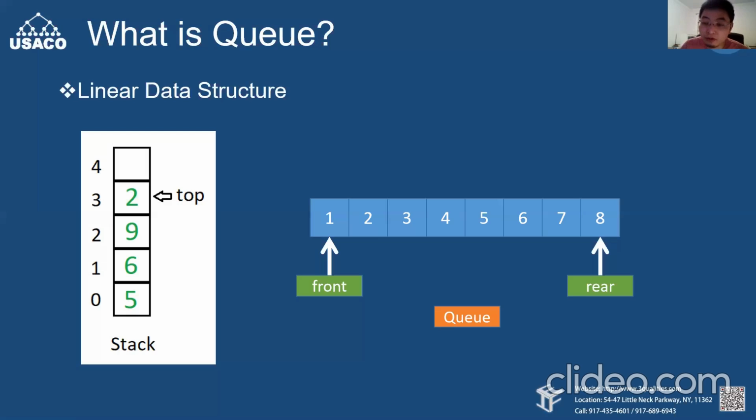So a queue is a structure we can see normally in our life, like lining up.